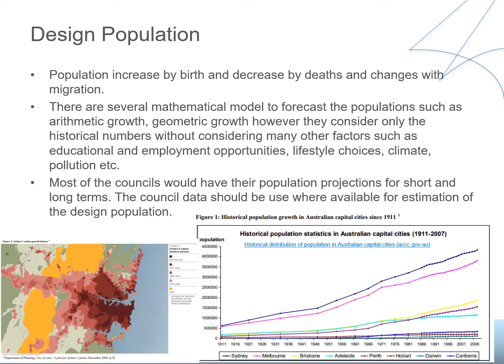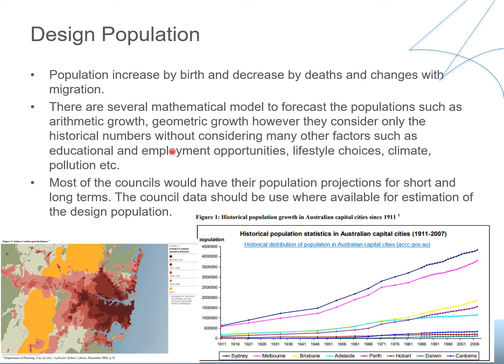So what is going to be the population of the area at the end of the design period is very important. To forecast the population, there are several mathematical models. Some are very simple. We just use the trend of the past to forecast the future. With the last 20 years of data, you draw the trend line and then you forecast the future.